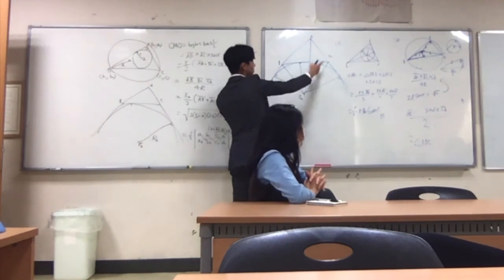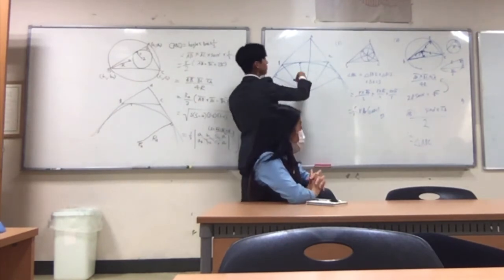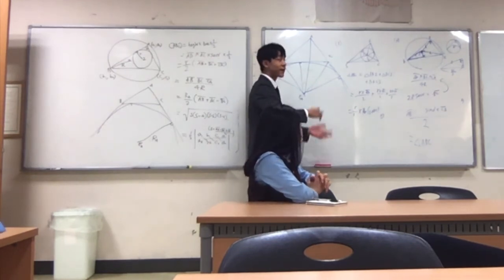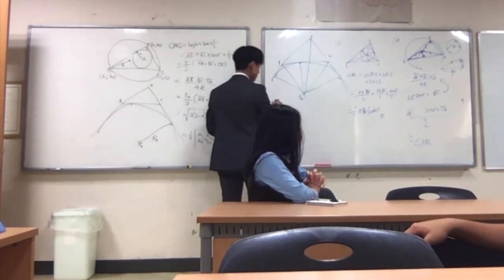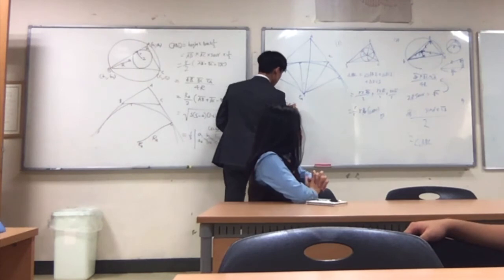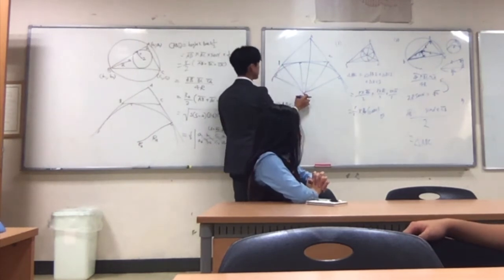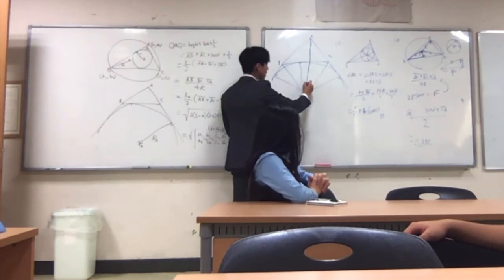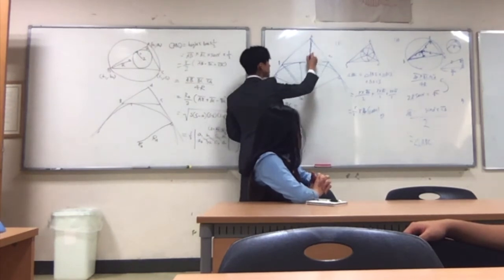So we basically connected all the lines to find which triangles we have to evaluate in order to finally get ABC. And the really important thing to note is that ABC would equal this triangle plus this triangle.